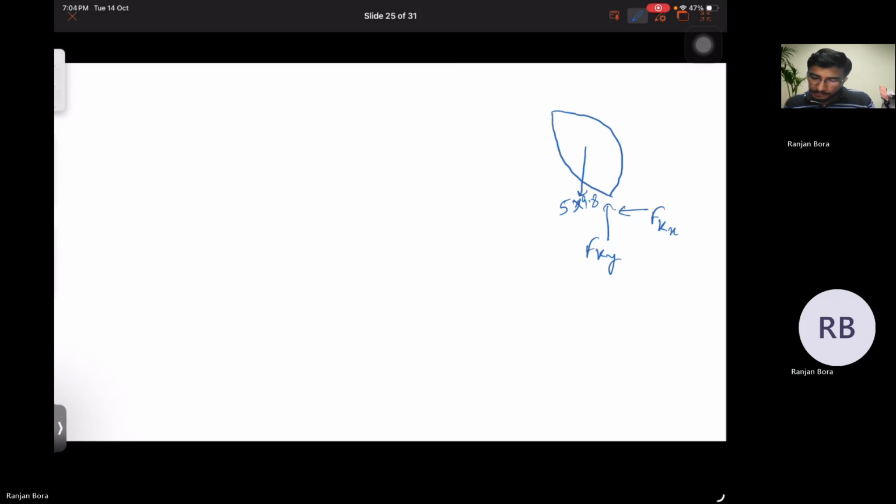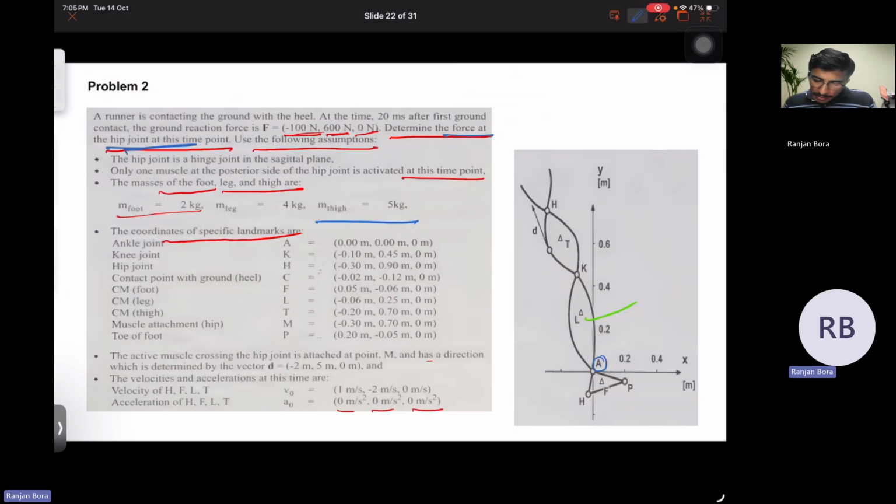And there is this muscle, the active muscle crossing the hip joint, attached at point M. So this is point M, and it has a direction which is determined by a vector. The coordinates of the direction are given.